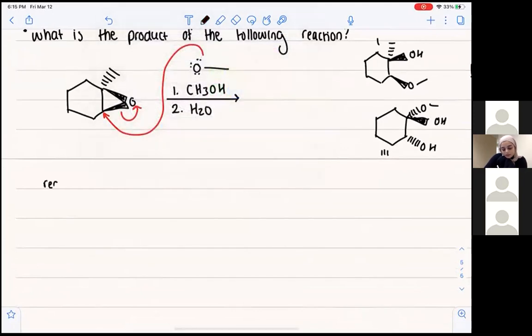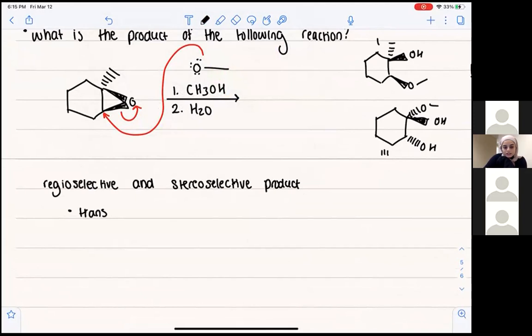So for a regioselective and stereoselective product, we are looking for something that is trans. This reaction is very fast. If you add OH, it will affect the reaction. And then here we have halohydrin formation.